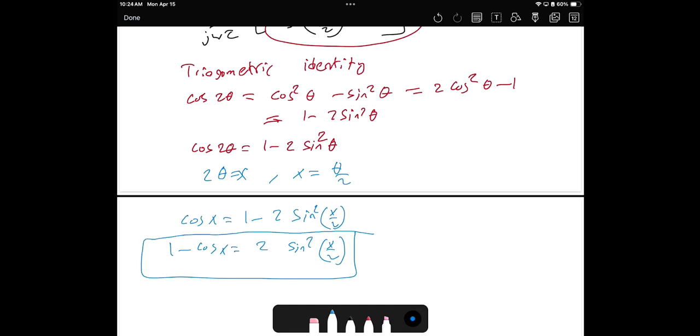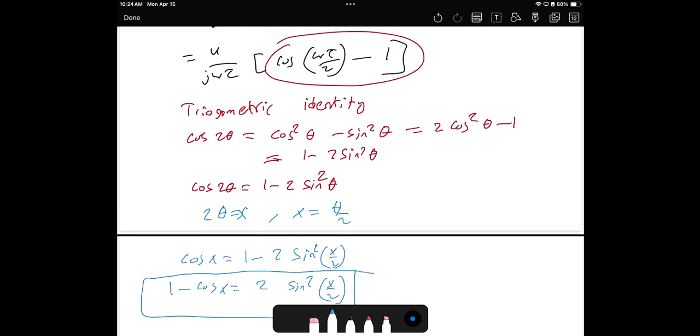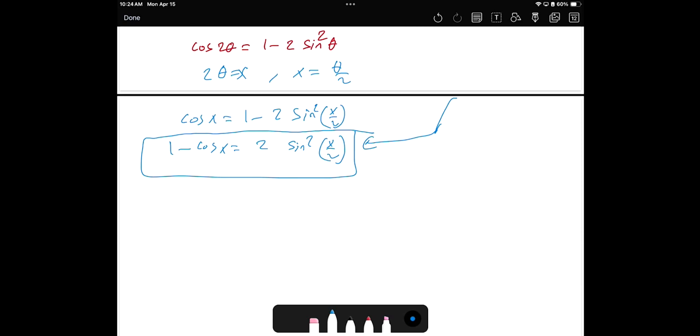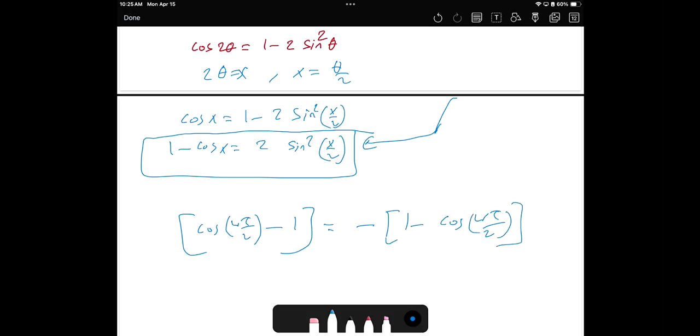Now we will apply this result to what we see in that bracket. How can we use this result for cosine(ωτ/2) minus 1? It can basically be negative: I'm going to put a negative here, 1 minus cosine(ωτ/2).